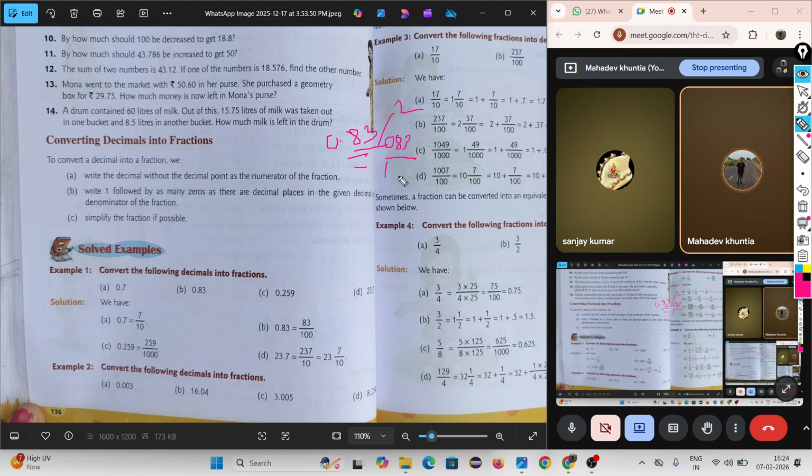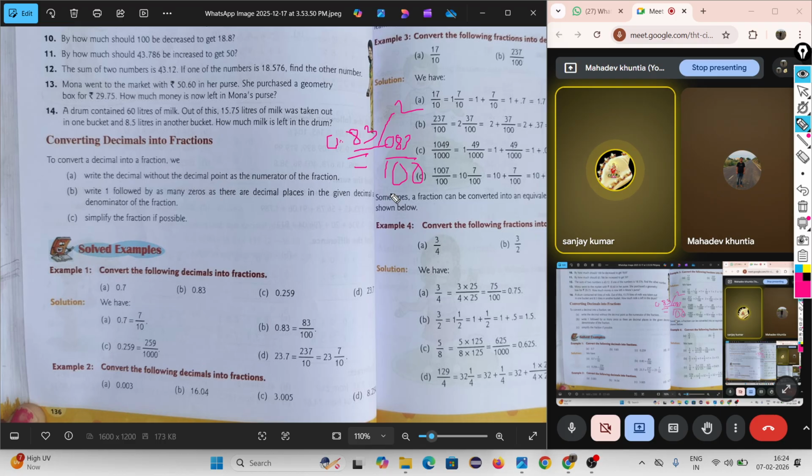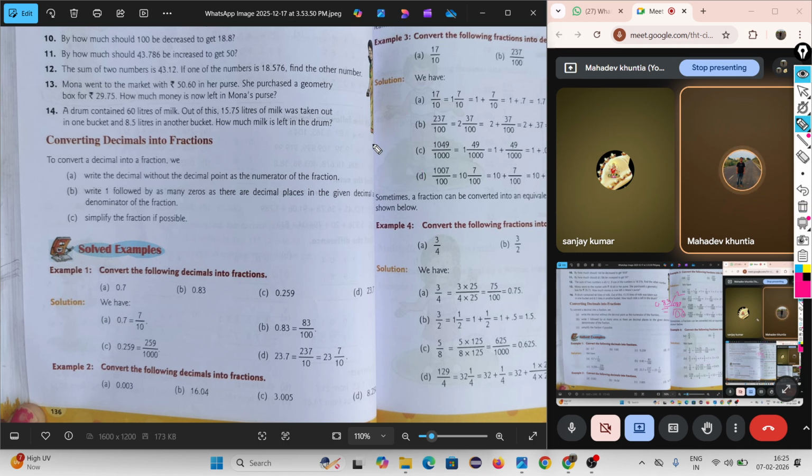Here decimal places are 2, so put 2 zeros. Why did you write 087? It is 083. I am writing 083 because after removing the decimal point, whatever you got, write down. Then on the left side, no need to write 0.